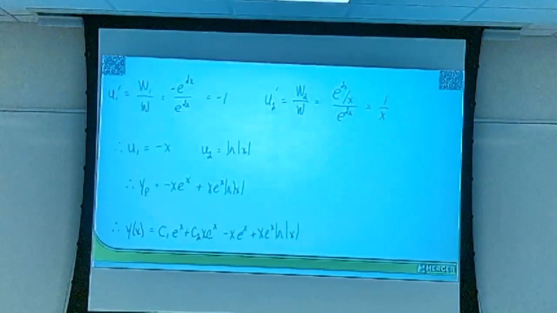You can read that, right? C3. C3 is C2 minus 1.